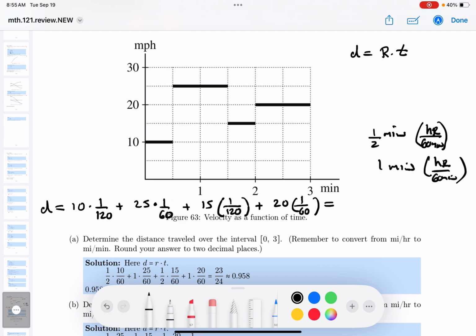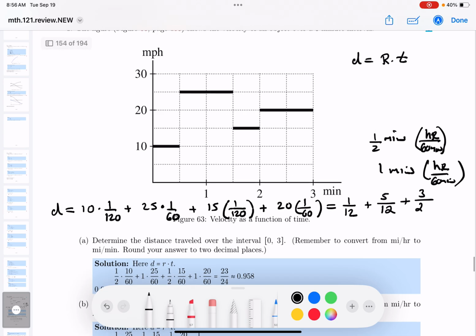So the first term would be 1 over 12. The next term, I'm going to divide by 5, and you would get 5 over 12. The next one is 15 over 120. I'm going to divide by 5 again. That's going to be 3 over 24. I did the first 3 terms, by the way.